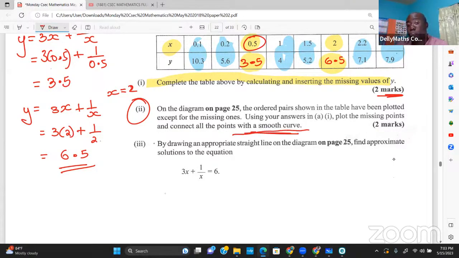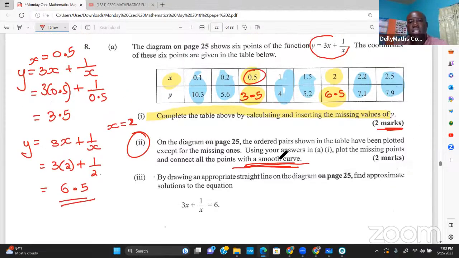See, they're forcing you not to use a straight line. Please remember, be careful. So with a smooth curve. So we're going to be plotting those points. What we're going to plot is 0.5 with 3.5 and 2 with 6.5.